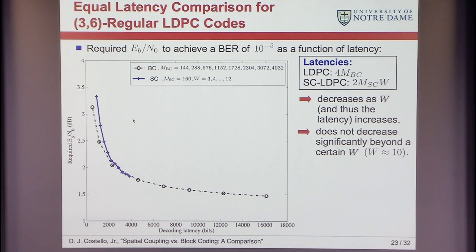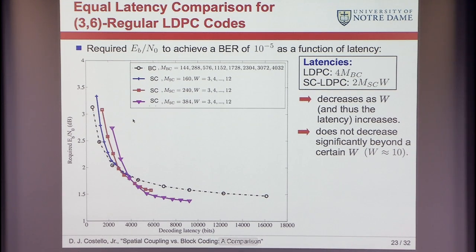These spatially coupled curves are different colors, and they all have different lifting factors and different window sizes. Again, there's this trade-off. The blue is the smallest lifting factor, and for the other curves, the lifting factor and window size are adjusted so that the latency is whatever it says here on the x-axis.